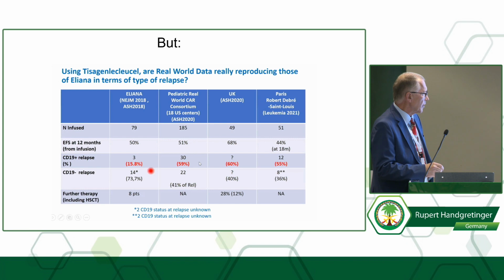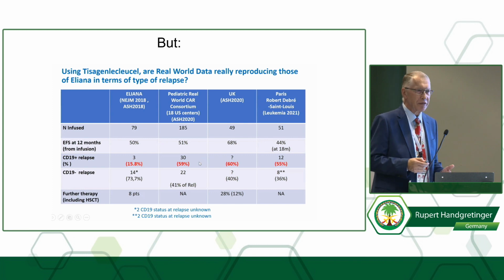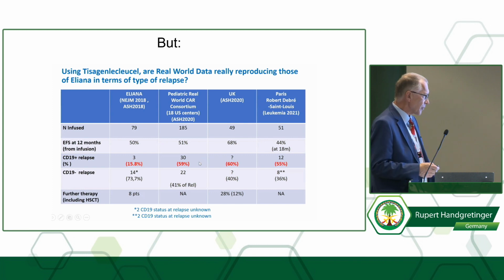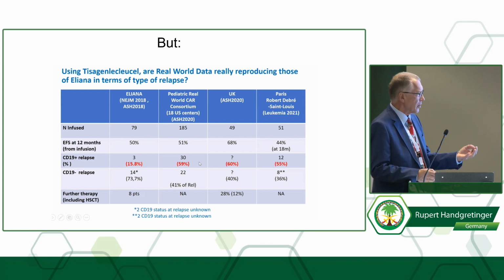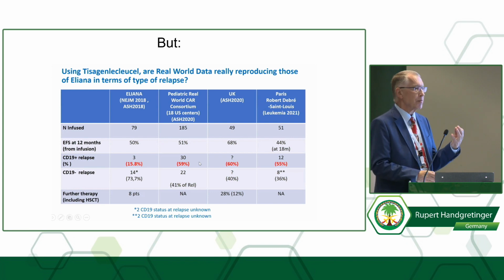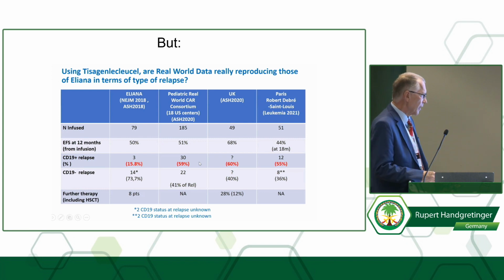And you see here the CD19 positive relapse, but what's also a problem to some extent is CD19 negative relapses, and this is something we have to keep in mind, that might happen because the leukemic cells are very smart. They just lose their antigen and get invisible for the CAR T cells if you use only one target, and I will come to this.